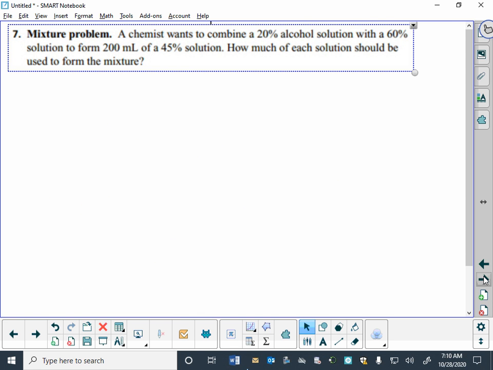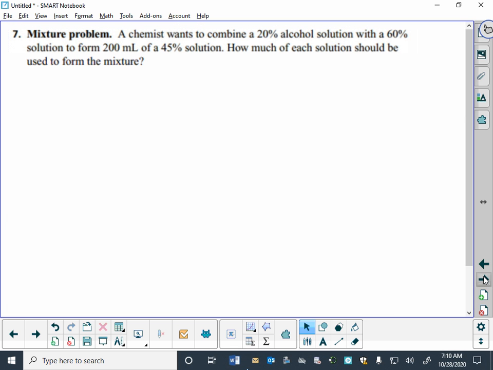All right, this one is tagged as a mixture problem. The chemist wants to combine 20% alcohol solution with 60% solution to form 200 milliliters of a 45% solution. How much of each solution should be used in the mixture? So this question, how much of each solution, is referring to the 20% solution and the 60% solution.